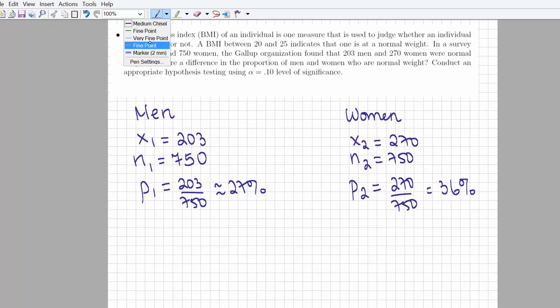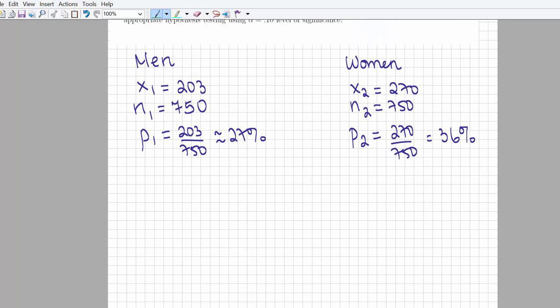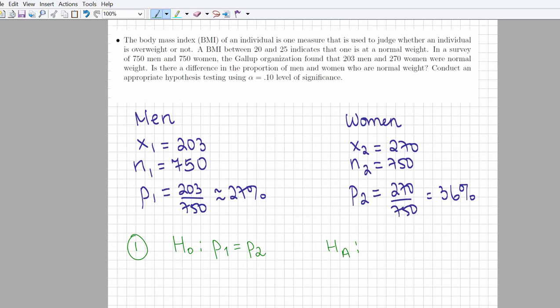So let's go ahead and do hypothesis testing. How do we do it? The first step is to set it up. The null hypothesis will always say the two proportions are the same, or there is absolutely no difference between 27 and 36, or the difference is not significant. For the alternative hypothesis, it depends on the problem setup.